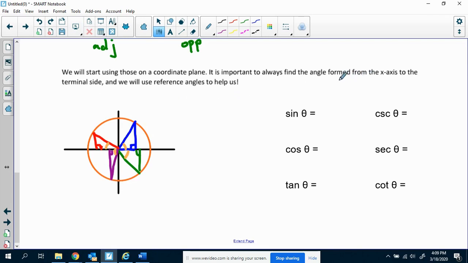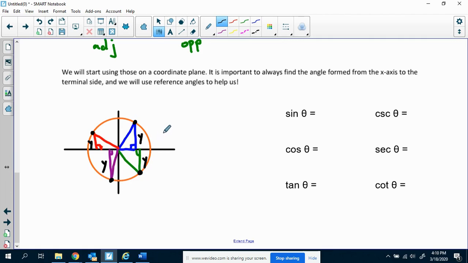Since we're finding the angle formed from the x-axis to the terminal side, we're going to use reference angles to help. So each of these four angles that are like that peach color, while they're not the same, they all have the same properties. And if you notice, the opposite side is always the y value of the point on this circle.